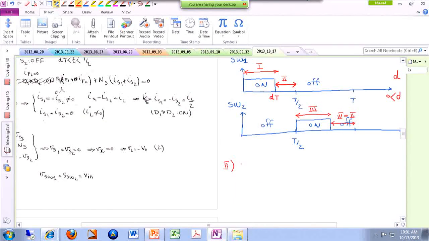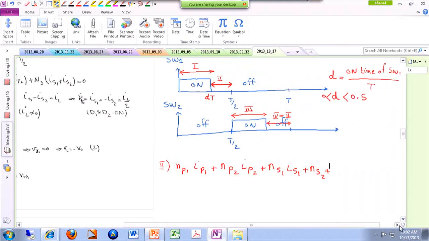So we already know that the number of turns of the first primary winding times the current of the first primary winding, plus the number of turns of the second primary winding times the current of the second primary winding, plus the number of turns of the first secondary winding times the current of the first secondary winding, plus the second secondary winding term, equals zero.